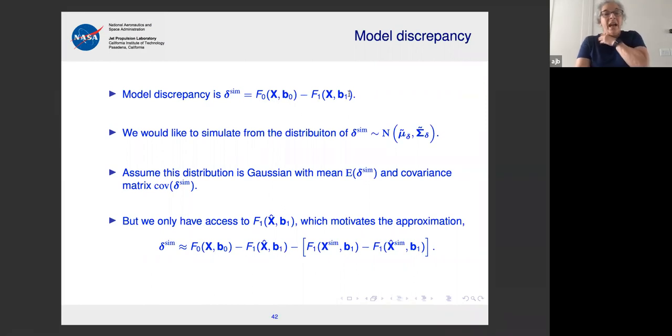This is easy to construct, except for the fact that I don't actually know what the true X is. I only have the retrieved X. But a little algebra and the ability to simulate can help us fix that, which is to say that this discrepancy, if you add and subtract something in here, you can break it out this way.